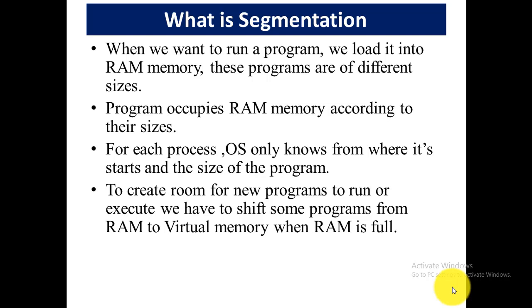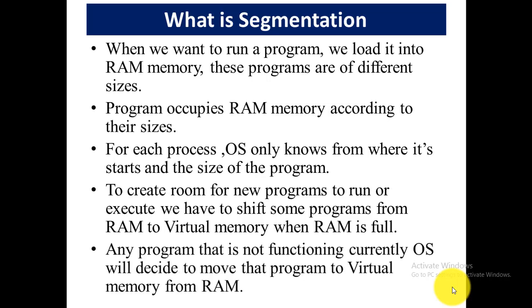In case of RAM shortage, we shift programs that are not currently in use to virtual memory so that new programs can get space in RAM for execution. Any program that is not functioning currently, the operating system will decide to move from RAM to virtual memory.